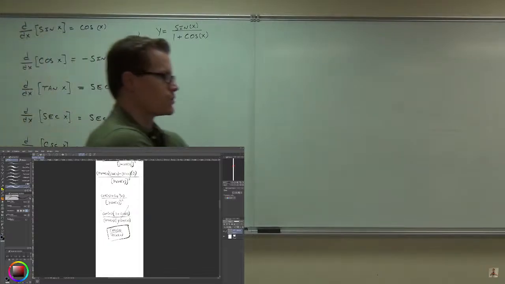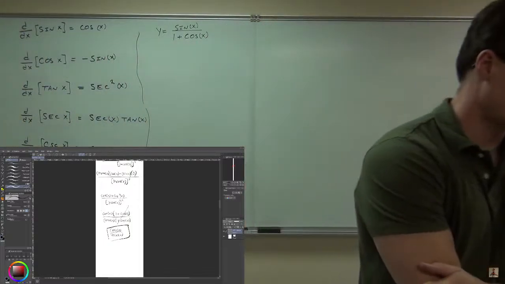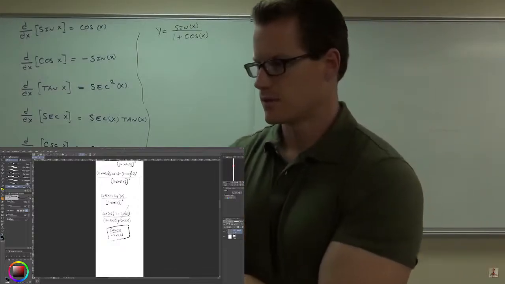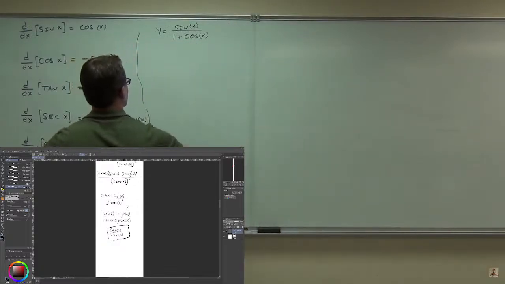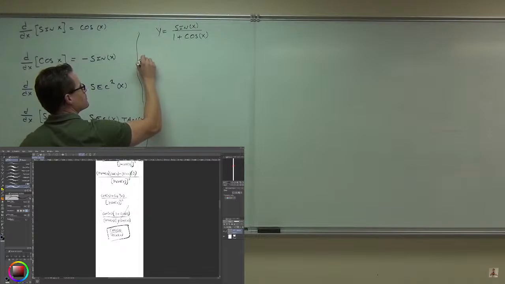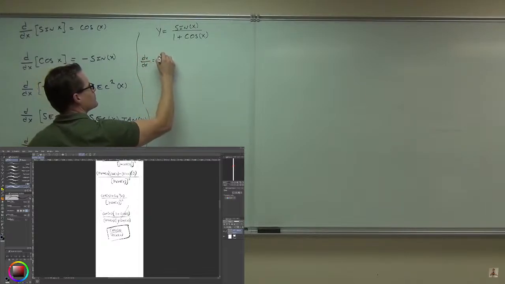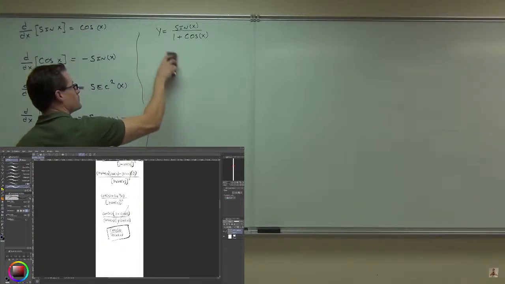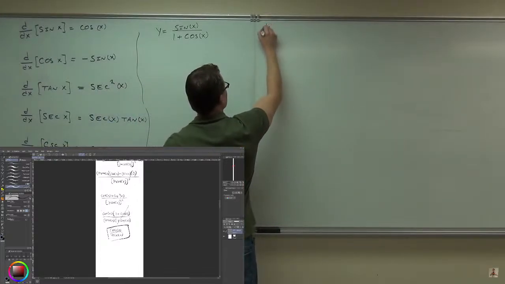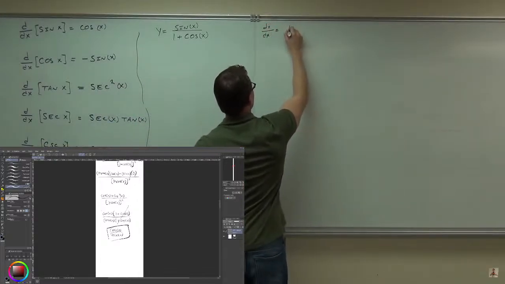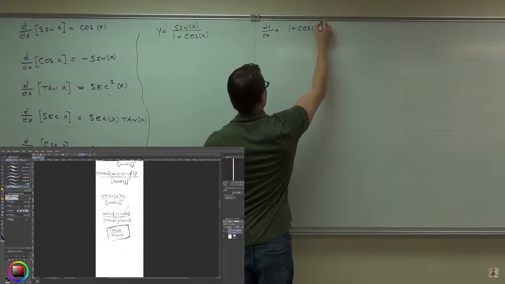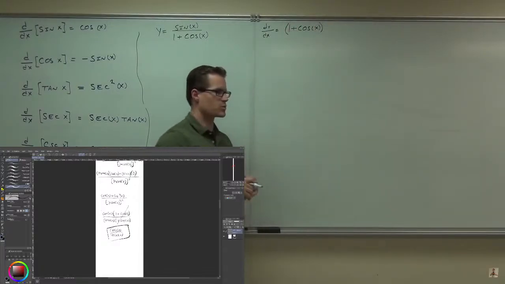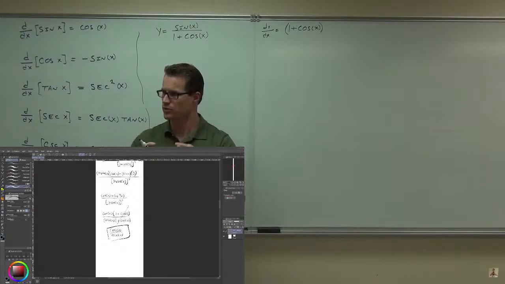Remember, this is certainly a quotient rule, so low d high minus high d low, square the bottom, way you go. You also need to use parentheses where appropriate. Don't leave those things hanging out if you're multiplying by something.